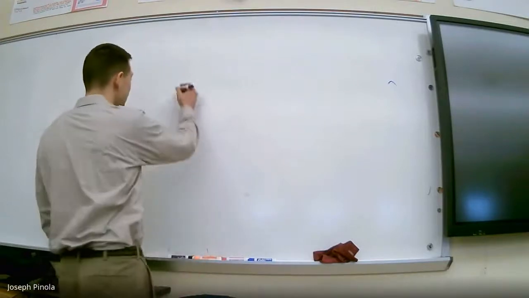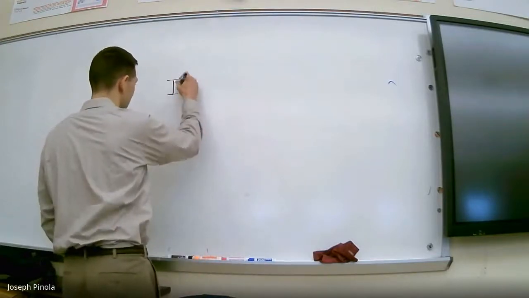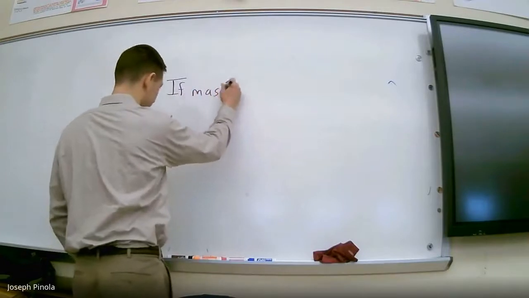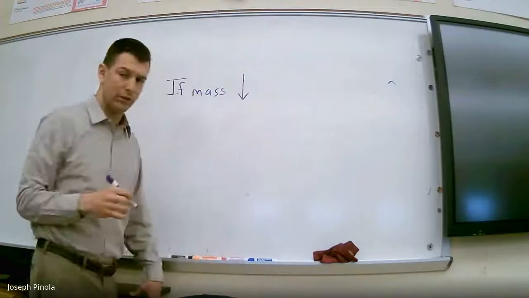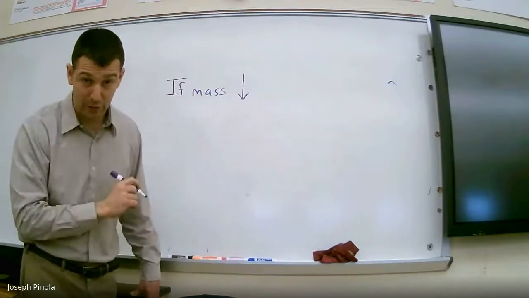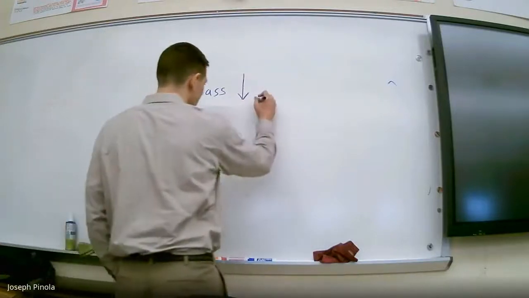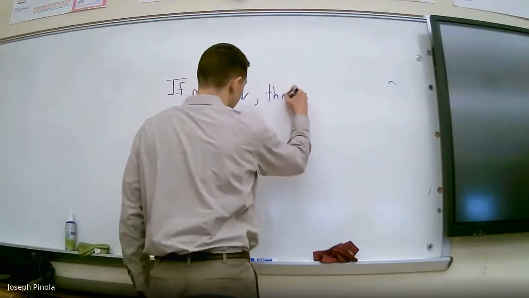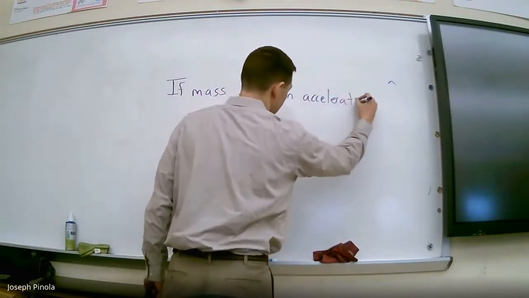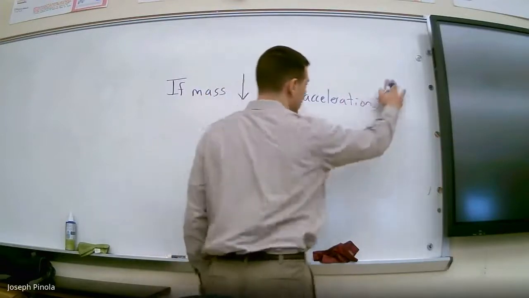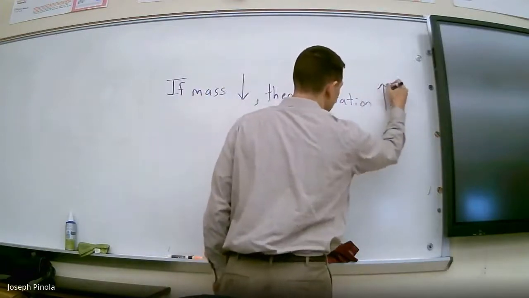So we can say that if the mass of an object is lower, for example, box B, which had very low mass, then the acceleration of the object will go up.